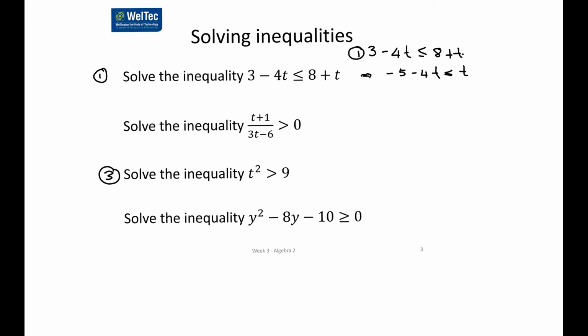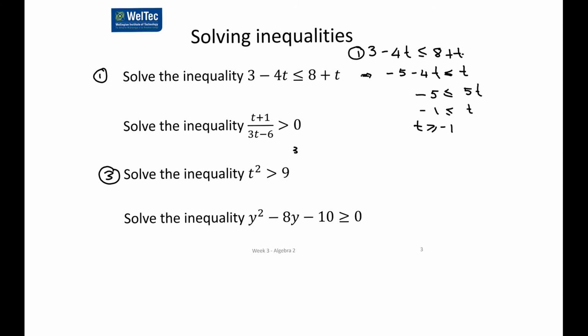And then negative 5 is less than or equal to 5t. So I've just added the 4t to both sides. So negative 1 is less than or equal to t. Now it's more normal to write it the other way around. Just notice which side is the biggest side, the open mouth of the crocodile, I think you look at school. So t is greater than or equal to negative 1. And you should check that.